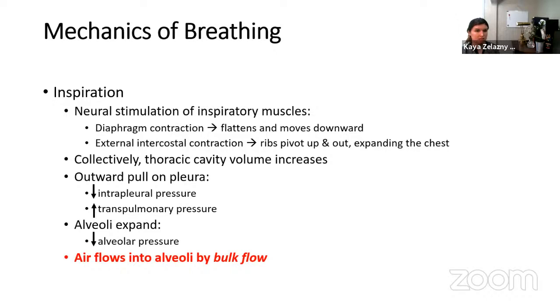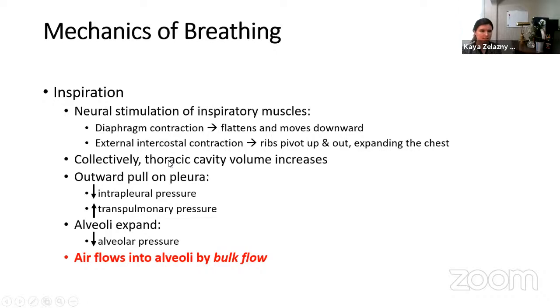You may have seen the phrenic nerve in lab, and if you haven't, you'll see it during our next lab cycle. So telling the diaphragm to contract, flattening and moving downward. And then also nerves running to our external intercostals, telling them to contract, making the ribs pivot up and out, expanding the chest.